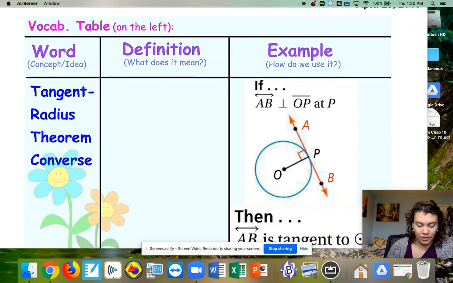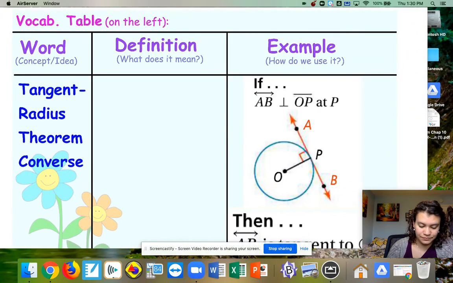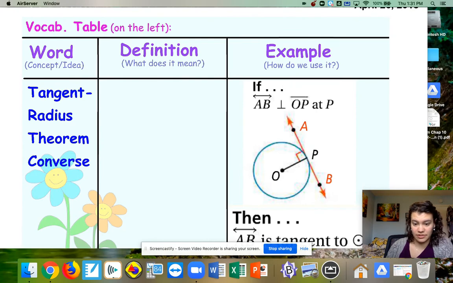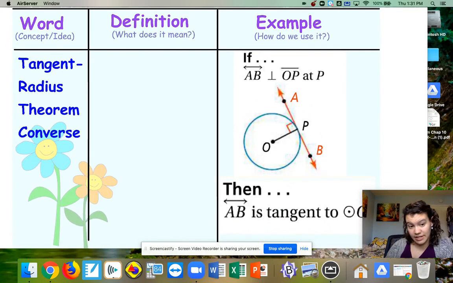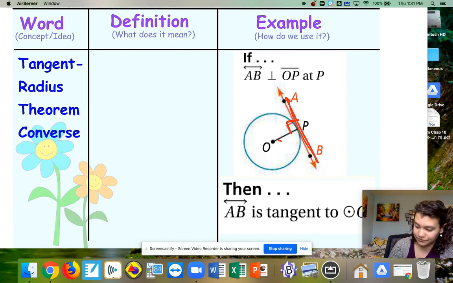Okay, another definition. So the tangent radius converse theorem. This is basically taking the tangent radius theorem and saying it backwards. So if you have a line perpendicular to a radius, then that line has to be a tangent. So if this line right here is perpendicular, that means it's a tangent.